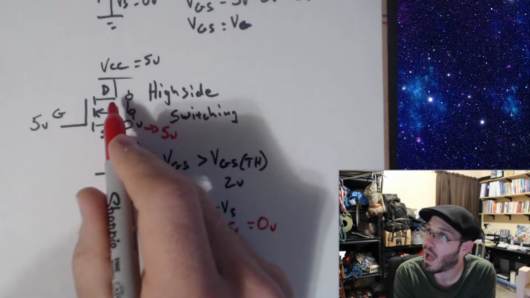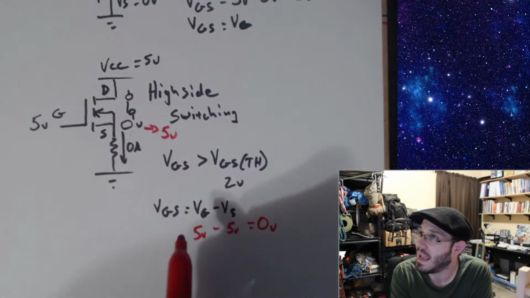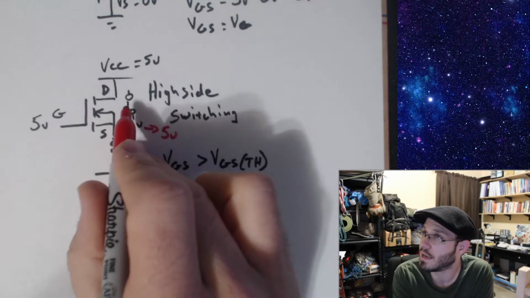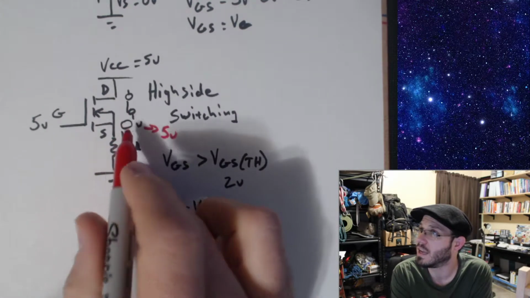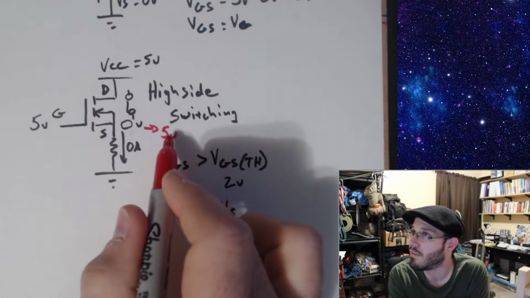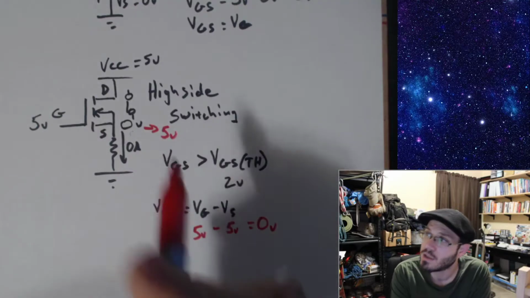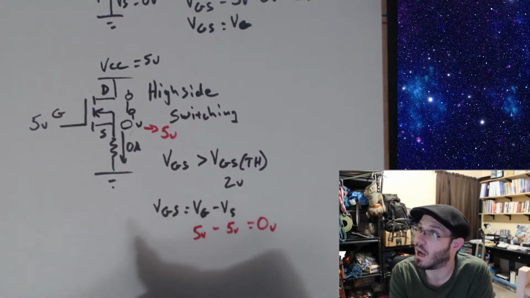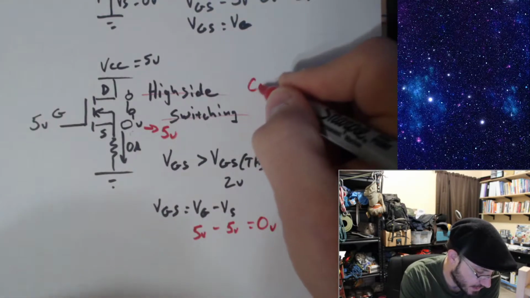Once it turns off, then this goes back to 0 volts, and now VGS is equal to 5 volts, which is greater than 2 volts, so this tries to turn back on. When this turns back on, all of a sudden, this 0 volts goes to 5 volts, VGS is equal to 0 volts, and it turns back off. So in this arrangement, an N-channel MOSFET is not going to work. In other words, you can't do this.